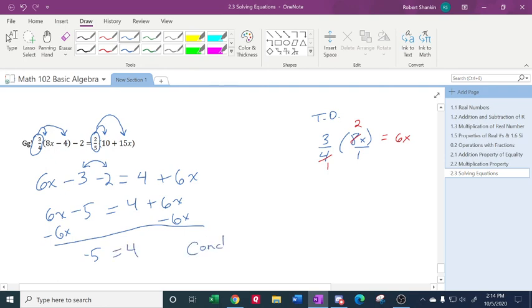Conclusion. I'm going to open the floor to anybody. When all my variables dropped out and I got negative 5 equals 4, what conclusion do I make? No solution. What if it had been negative 5 equals negative 5? What would my conclusion have been?